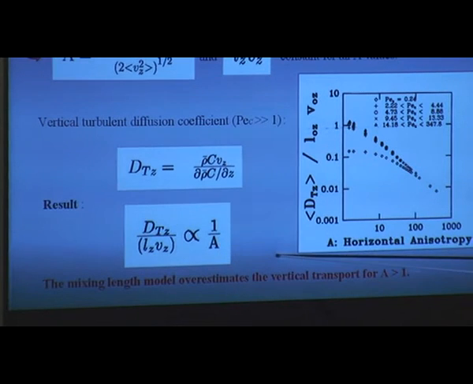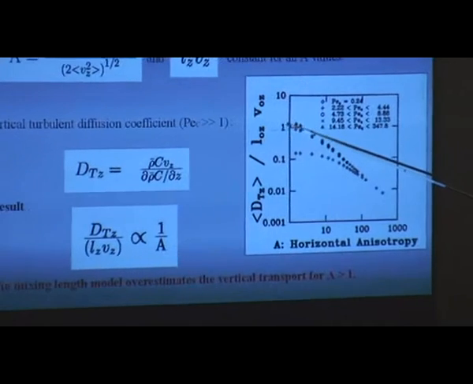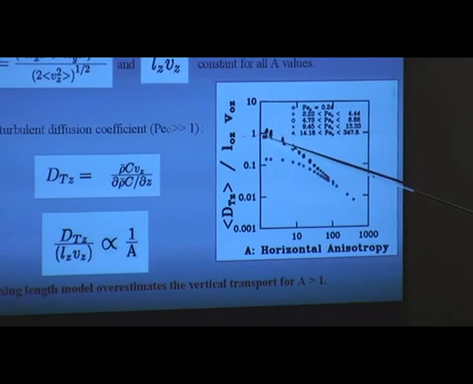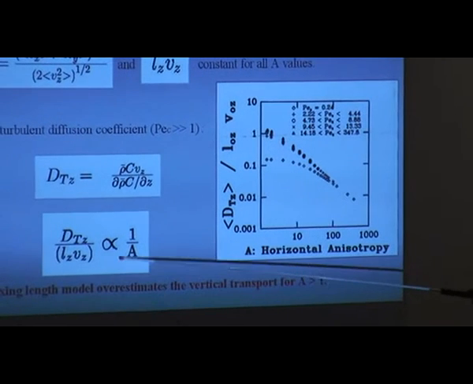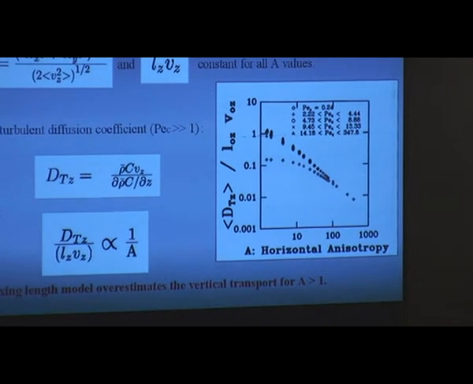When you increase the anisotropy, it's more and more true because you are under 1. When A equals 1, we are in the perfect case where it's completely isotropic. And when you increase the anisotropy of the flow, what they saw is that the vortices were more and more flattened, and the transport by isotropic turbulence could be much more important, much more determining for the vertical diffusion than anisotropic turbulence.